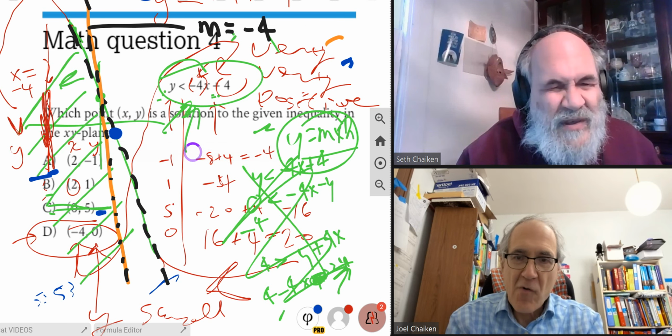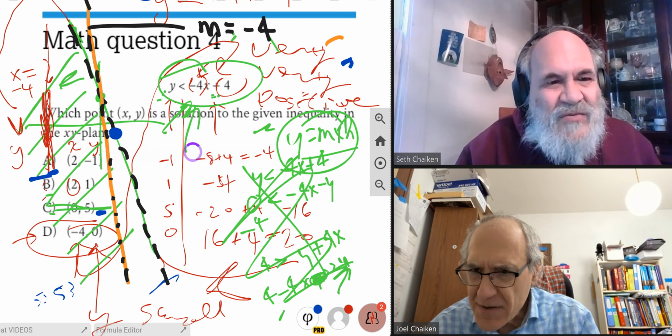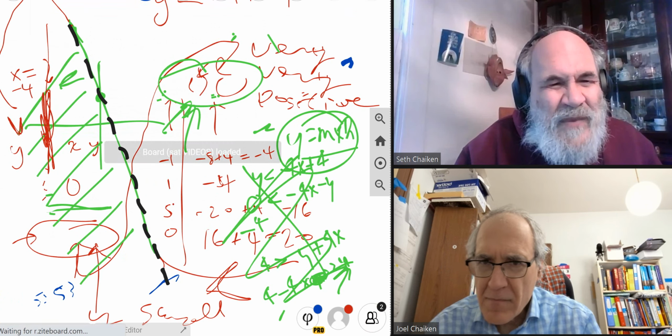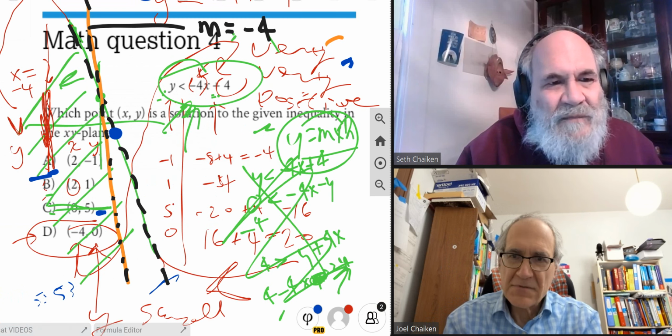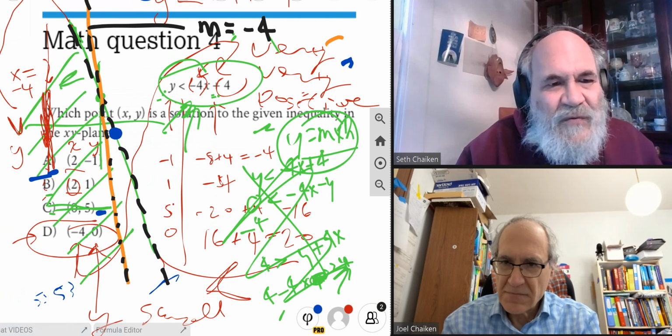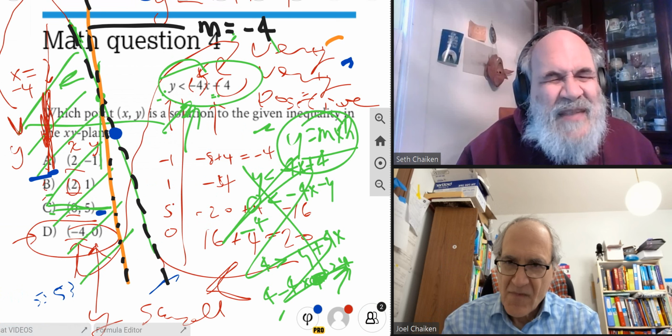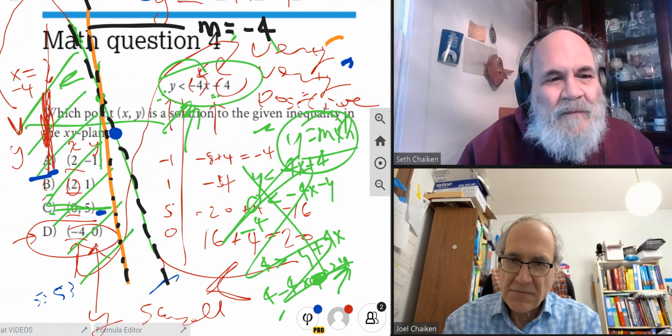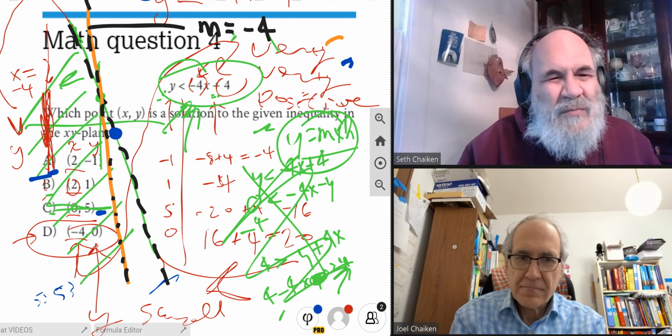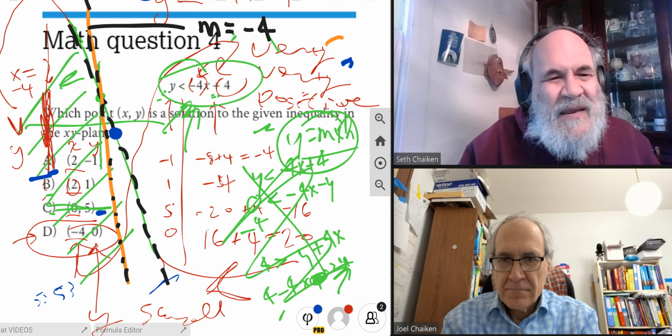Yeah, because when you see that only one of the 4 choices has a negative x, the negative x's are for the ones that are over here. The negative x's give you points on this side of the plane, on the negative x side.